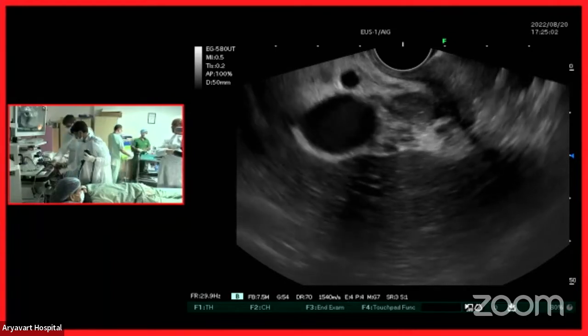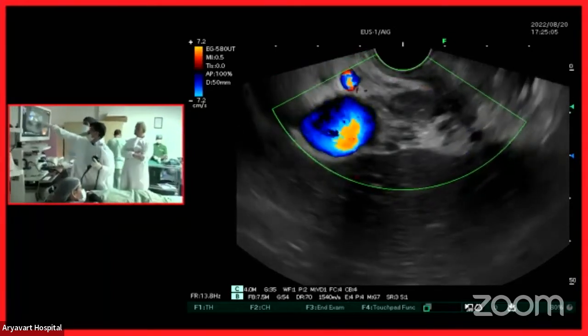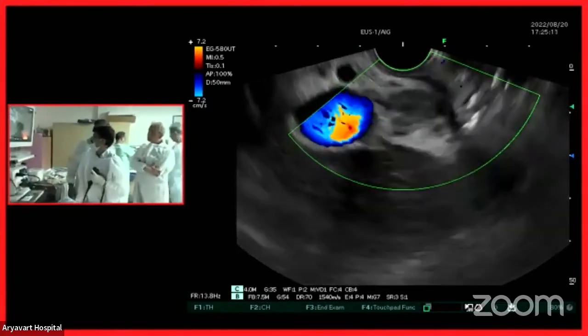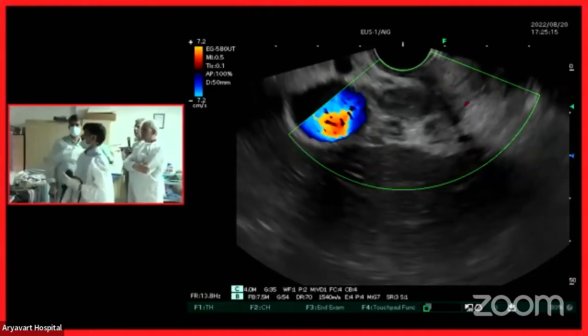Doppler. Right. Sure. I would be aiming at this area. What needle do you want, Sharath? 25, 22? 22 would be good.